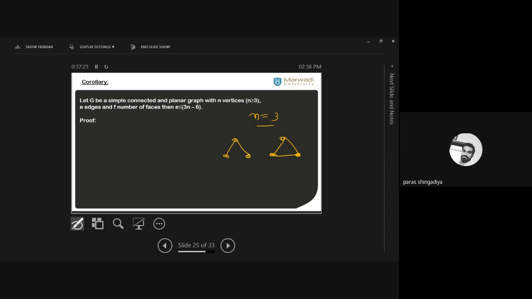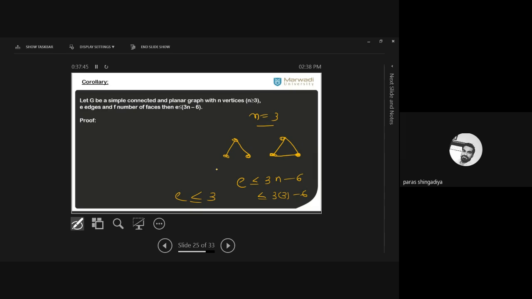Now let us check by using this formula. Formula क्या है? E less than or equal to 3n minus 6. So put 3 here. That will be 3 into 3 minus 6, so E is less than or equal to 9 minus 6, which means 3.